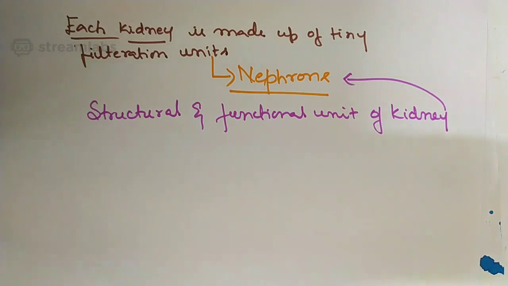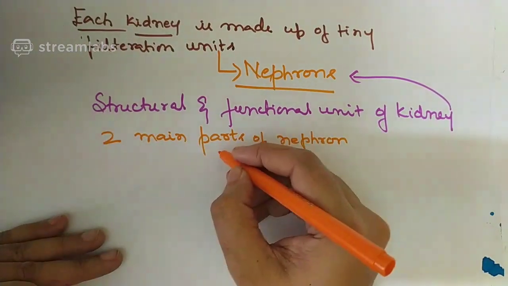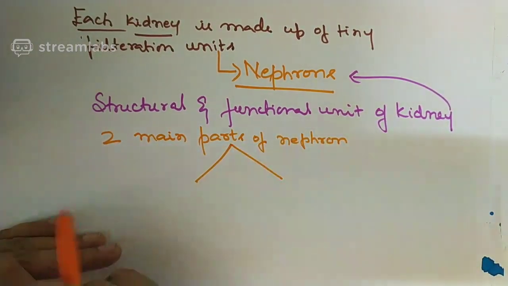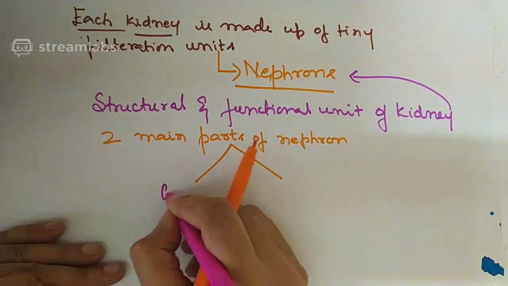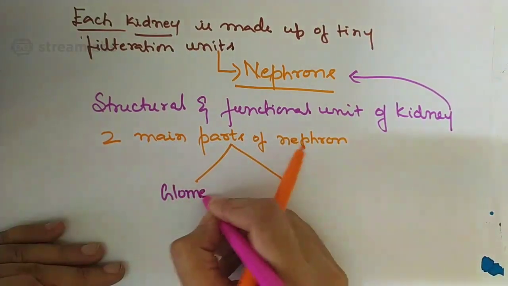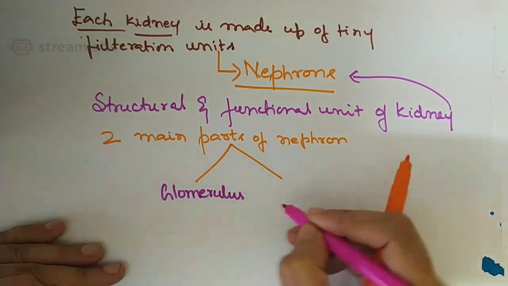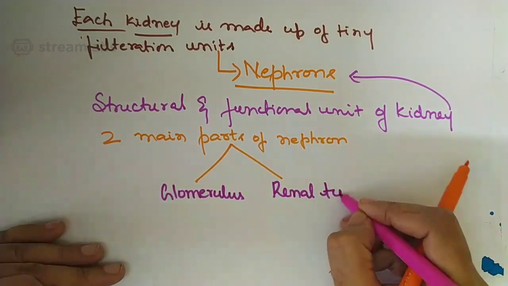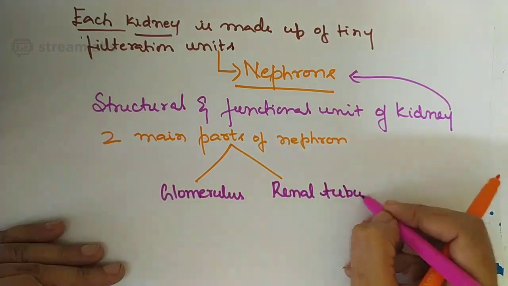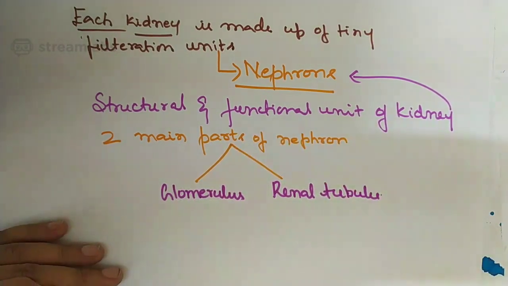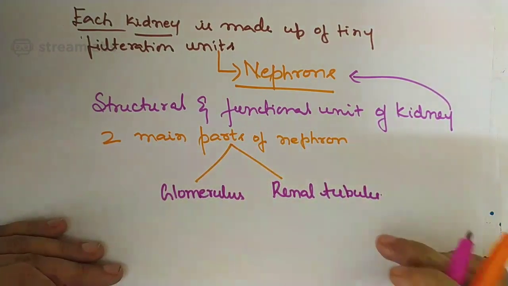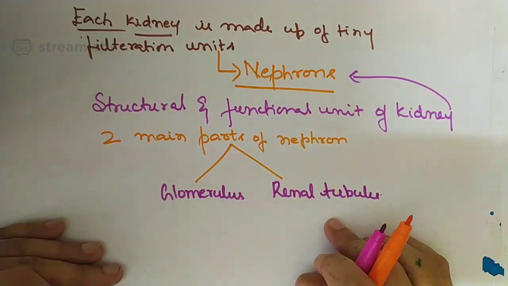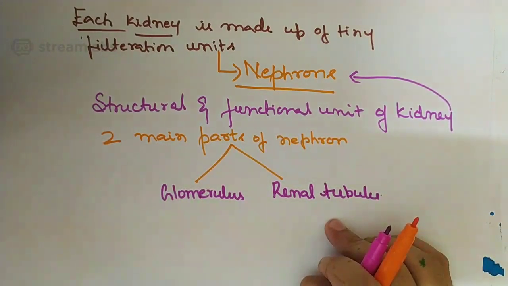If you see this nephron, two main parts are the glomerulus and renal tubules. Glomerulus and renal tubules are the two main parts of the nephron.